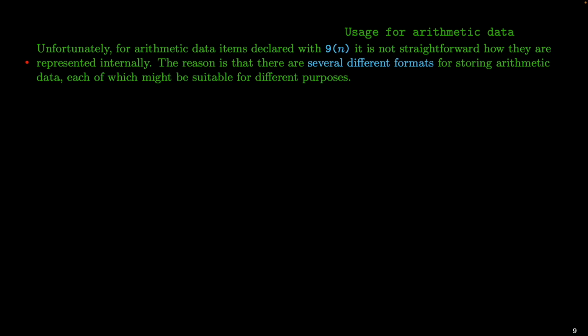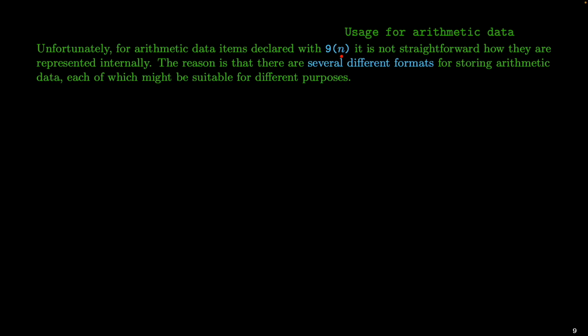So I said before that we have different kinds of arithmetic data, of number types in COBOL. So that means if we declare some data items with 9 followed by the number of digits, then it's not immediately clear how much memory will be occupied by that, so what the internal representation is.